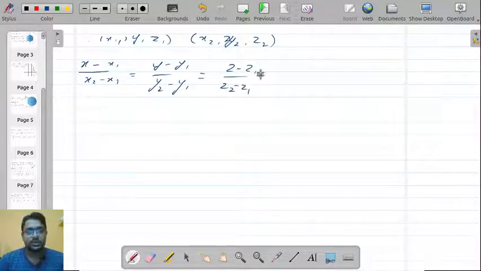This is the equation of a straight line in this 3-dimensional space.